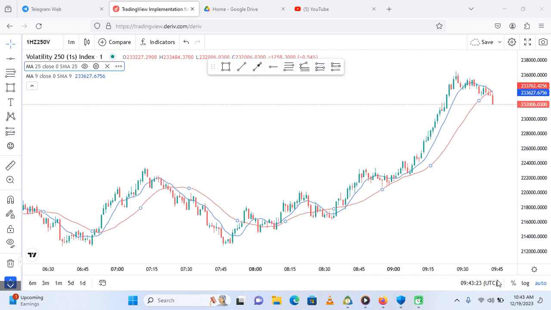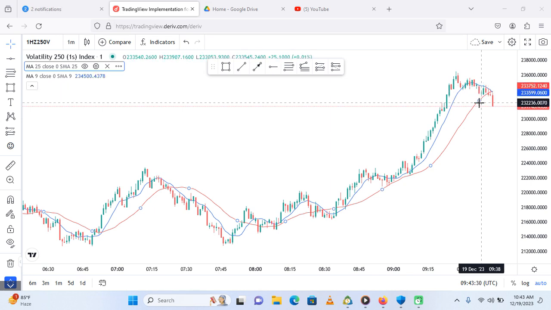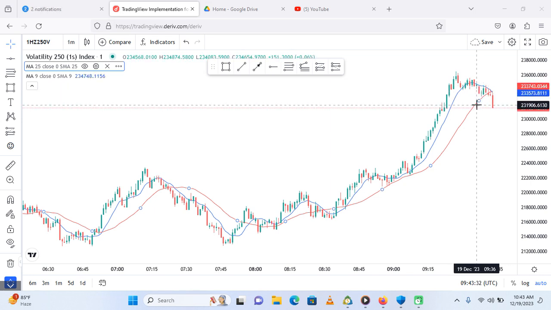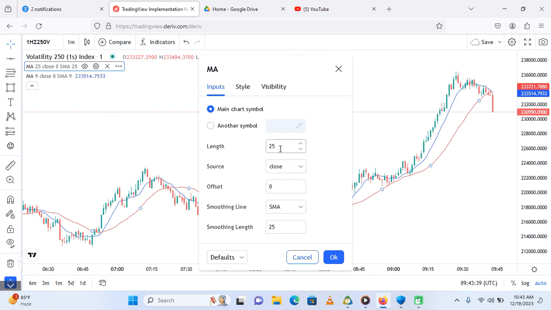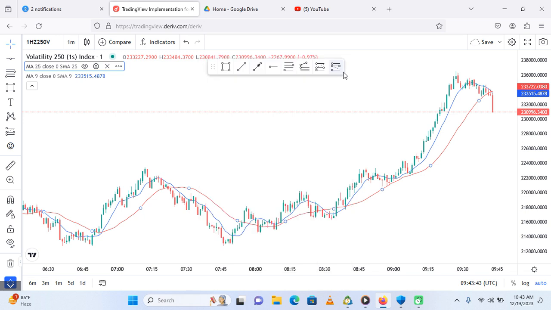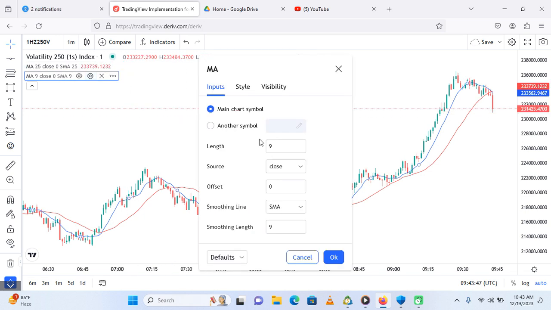Now you can see the moving average just crossed. The simple moving average 9, which is this, and the simple moving average 25, which is this. They just cross each other at this point. This is it. The 25, you go to this, you will see the settings 25. And if you come here for the 9, you see it says SMA, simple moving average.